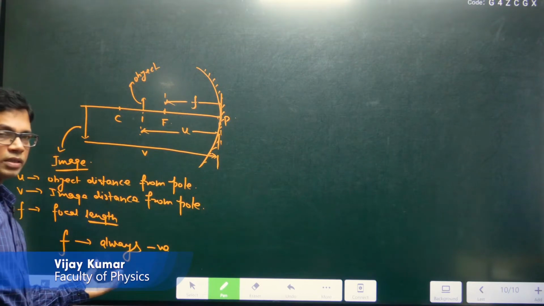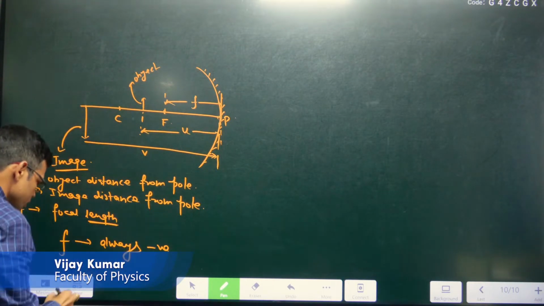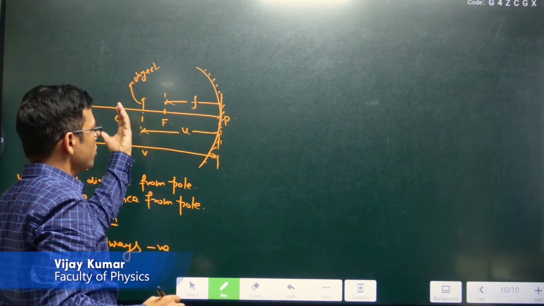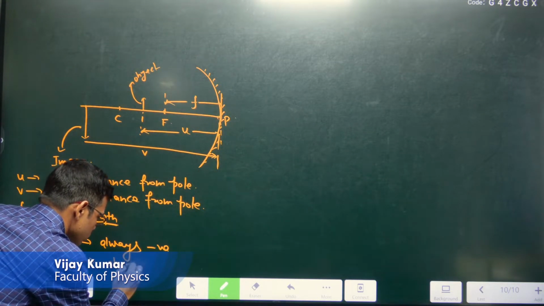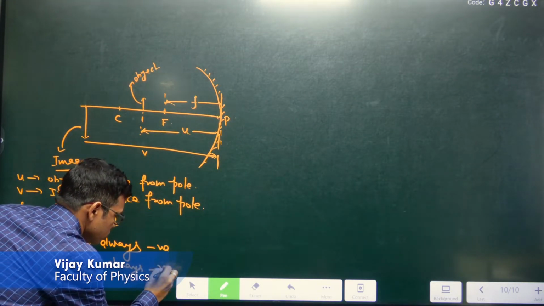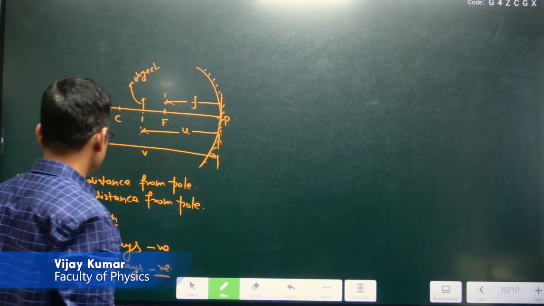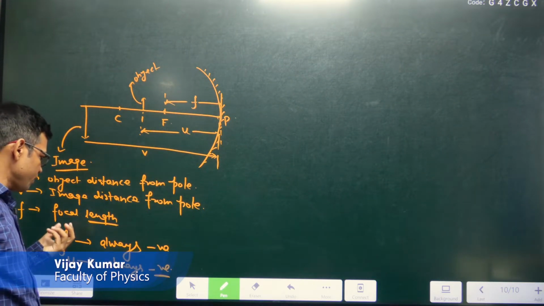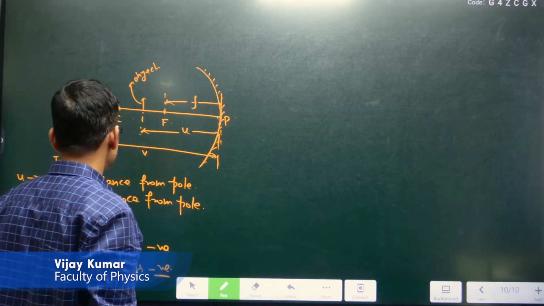And u also lies to the left of the pole, so it will always be negative. And v depends on the sign of f and u, as well as the location of the object.